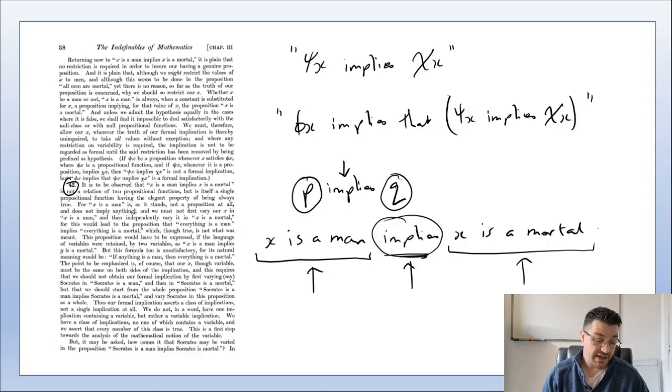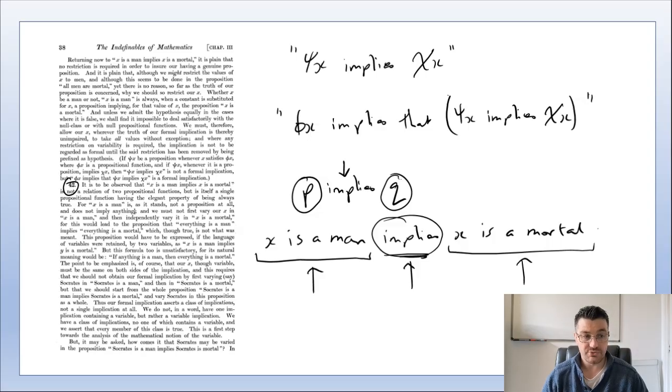We must not first vary our x in x is a man and then independently vary it in x is a mortal. For this would lead to the proposition that everything is a man implies everything is a mortal, which, though true, is not what was meant. This proposition would have to be expressed in the language of variables, if the language of variables were retained, by two variables, as x is a man implies y is a mortal.